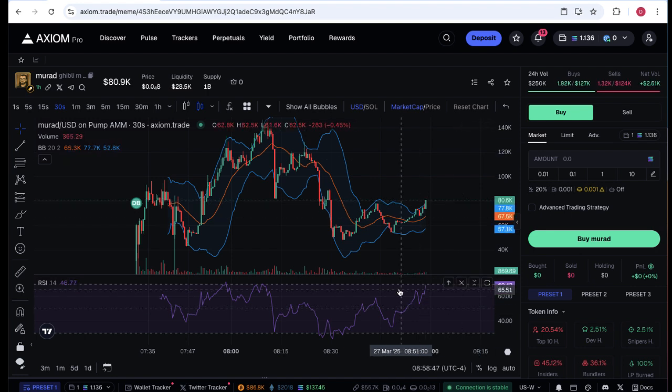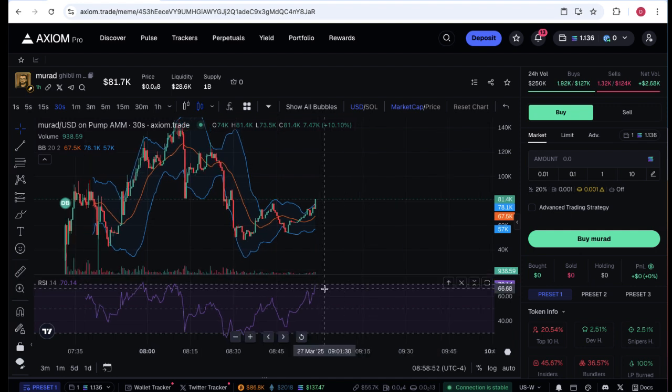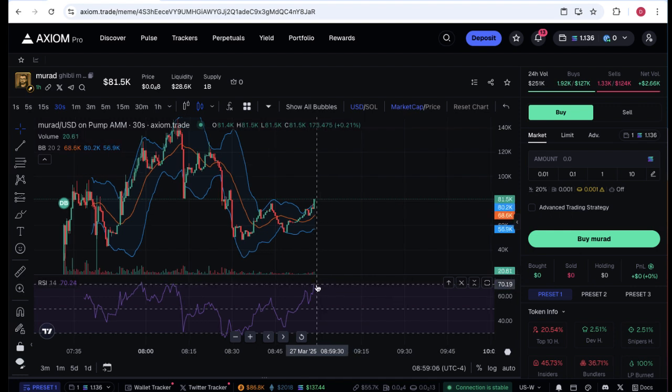But this RSI is a really reliable source of data when it comes to deciding if a token is either oversold or overbought. Just to give you a brief overview, when the levels reach towards the top range, 70 or above, you should be looking to sell or take profits.